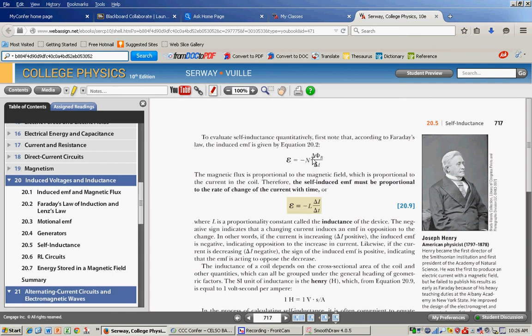So your voltage, which we saw by Faraday's law, is proportional to the number of loops and to the variation of magnetic flux.